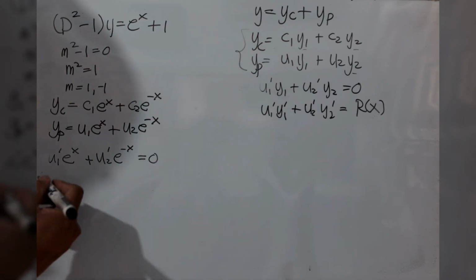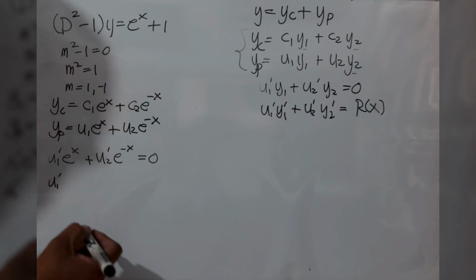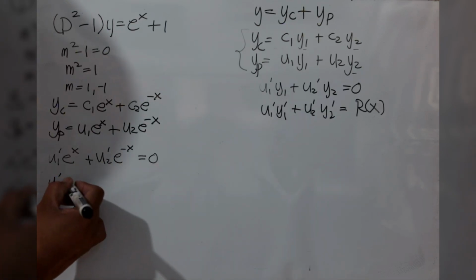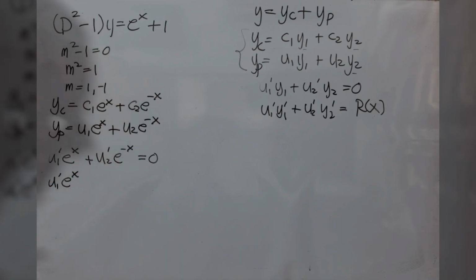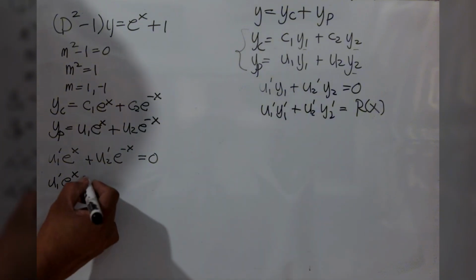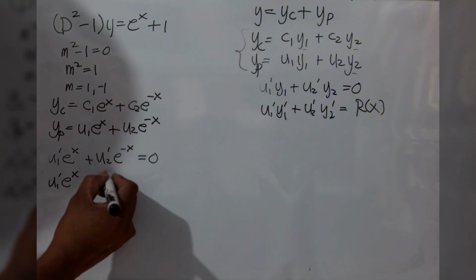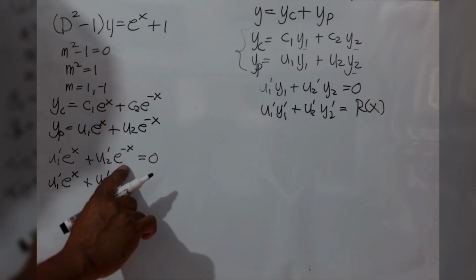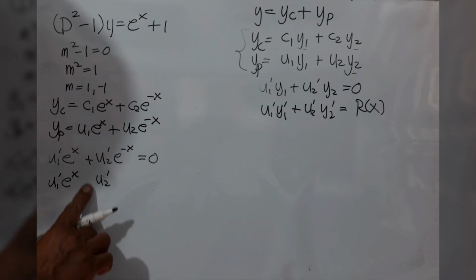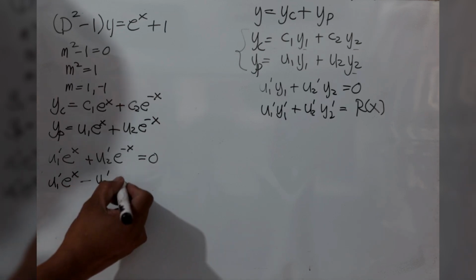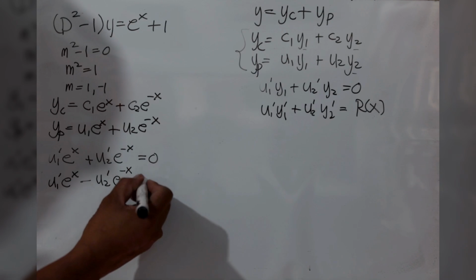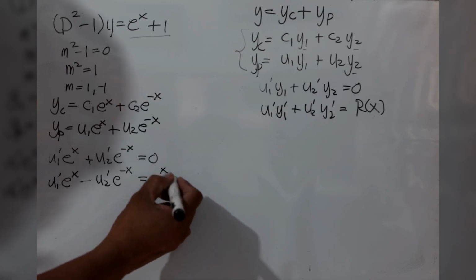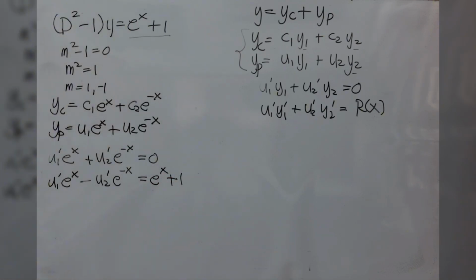The next equation will be u sub 1 prime times y sub 1 prime, which is the derivative of e to the x, which is also e to the x. Then we have u sub 2 prime times y sub 2 prime, which is the derivative of e to the negative x, which is negative e to the negative x. That means this is negative e to the negative x. And our r of x is the right side of the equation, e to the x plus 1.